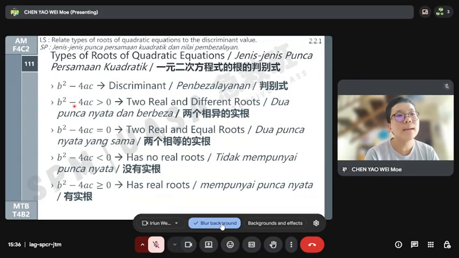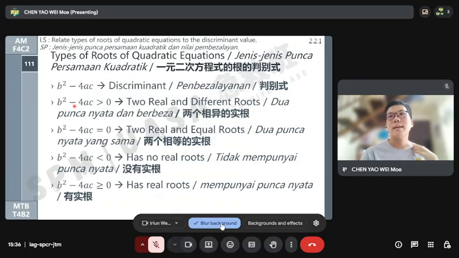And there is one more case: when b squared minus 4ac is larger than or equal to 0, it means this equation has real roots, but I don't know whether they are the same or not. You need to know about it.